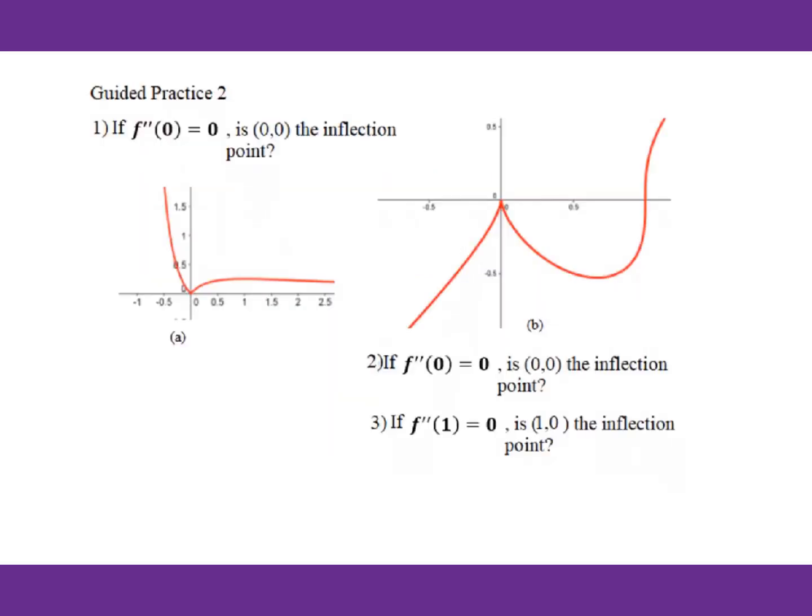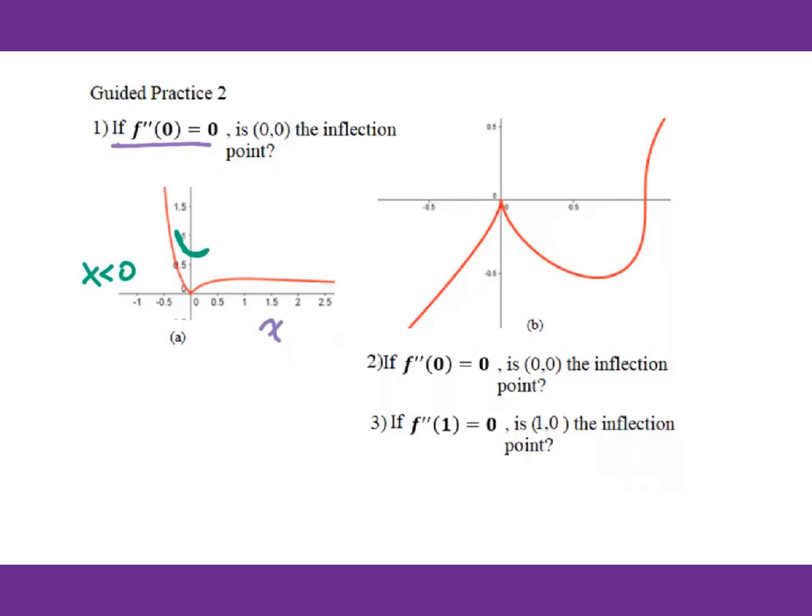Guided practice 2. If the second derivative of f at 0 equals 0, is (0, 0) the inflection point on this graph? First of all, we check the concavity. You see, for x less than 0, the concavity is like this, concave up.